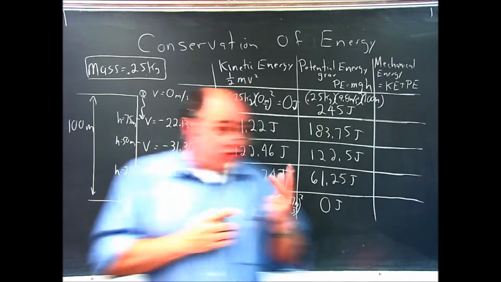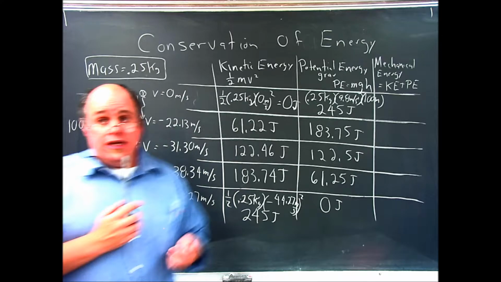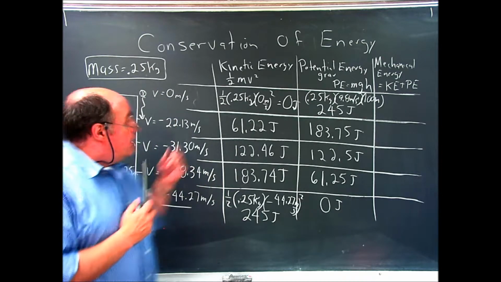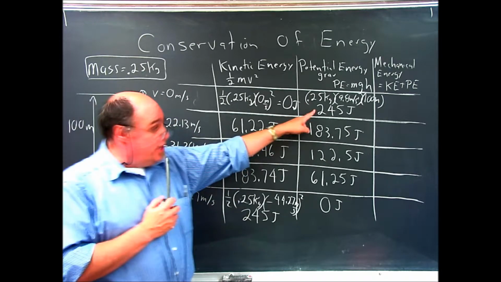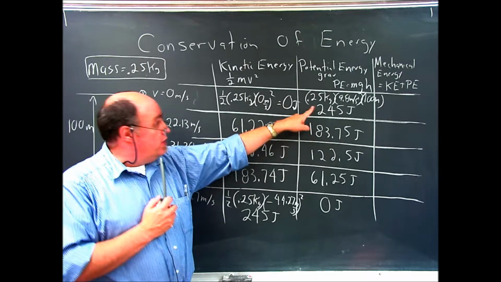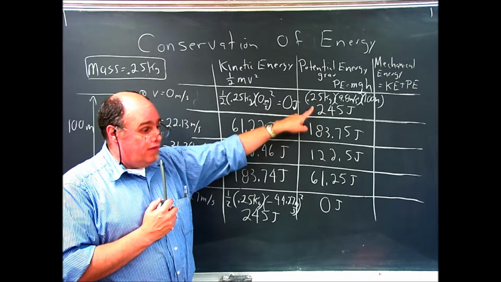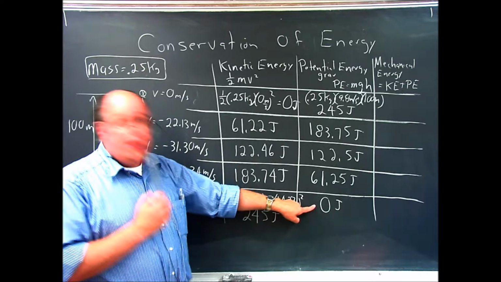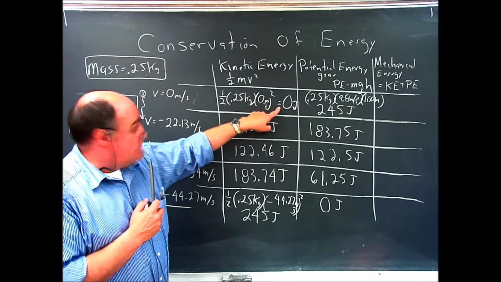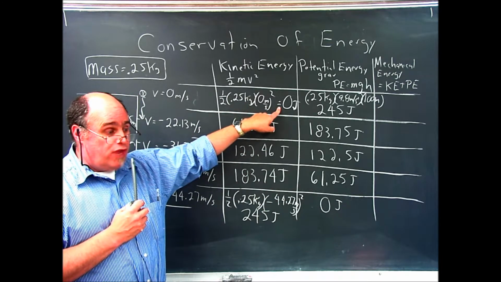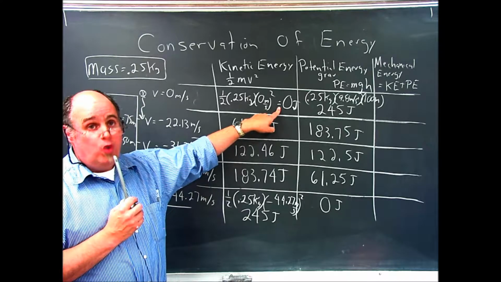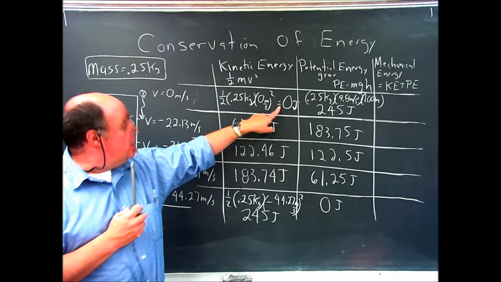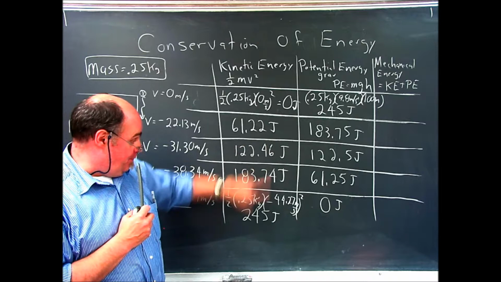As you can see, hopefully, there's a give and take. As an object loses one type of energy, this one started at 245 and went down to 0. At the same time, on this side, the object started from rest, so it had zero kinetic energy, and then it started to gain some.